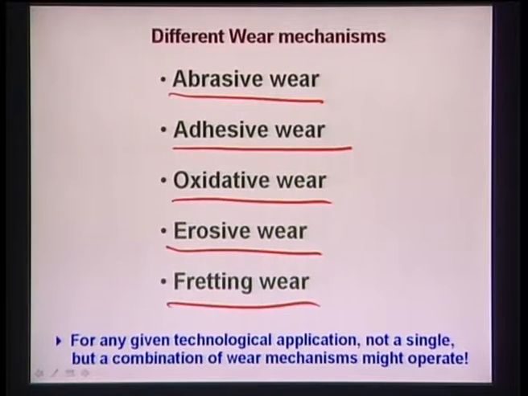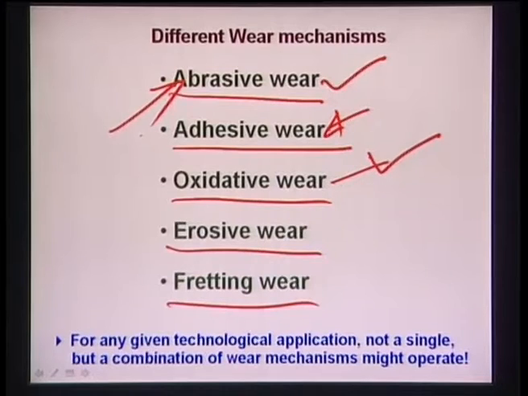Now, for any given technological application, it is important that not a single wear mechanism but a combination of wear mechanisms might operate. It may be that abrasive wear is dominant, but you have some contribution from adhesive wear. At the same time, oxidative wear may be the dominant mechanism, but you have some contribution from abrasive wear.